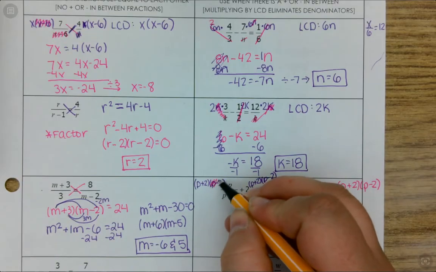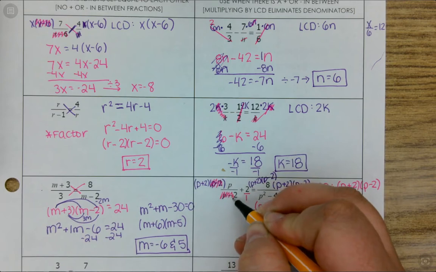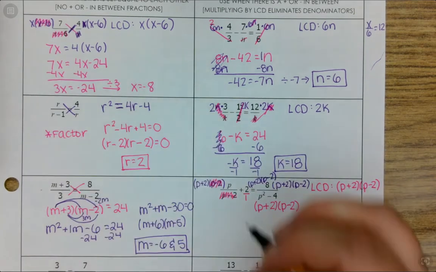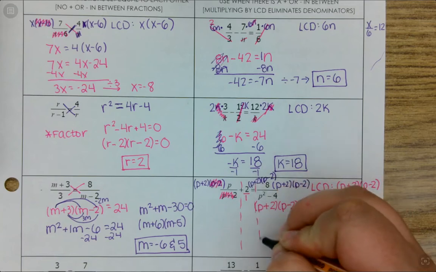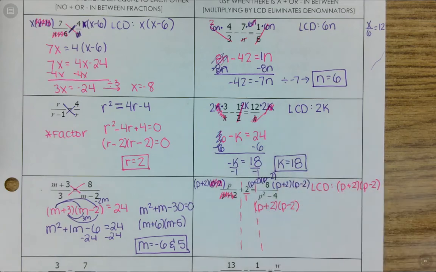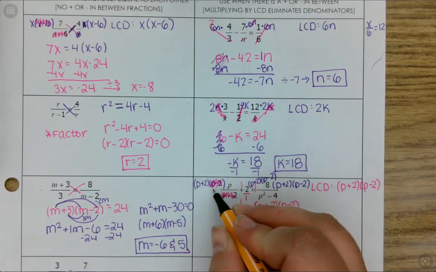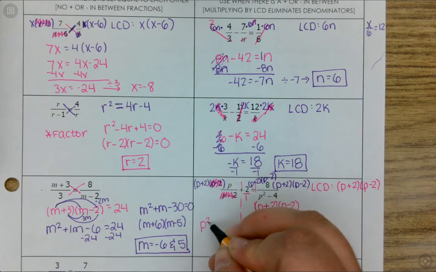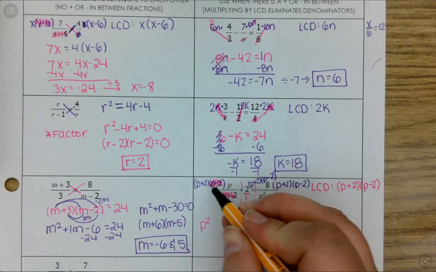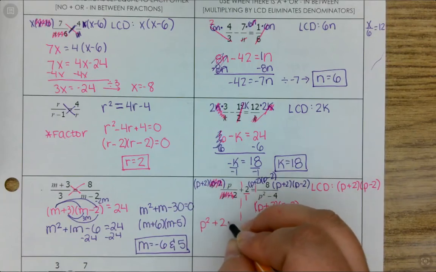So the p minus 2's cancel. And sometimes I will split this up like this into the 3 fractions so I can keep track of them. You can do that too if you want. This is going to be p times p squared. P times 2 is 2p.